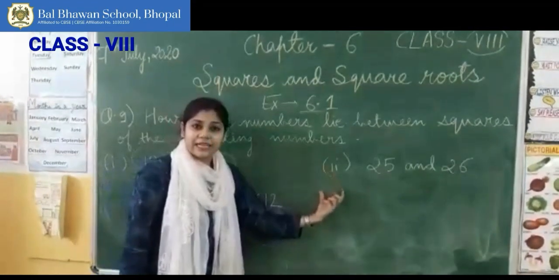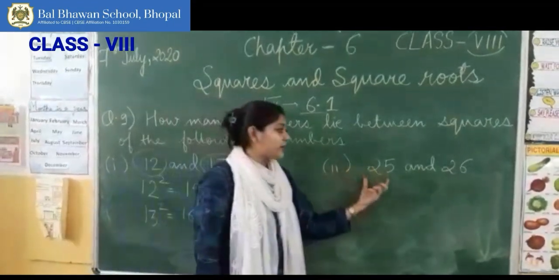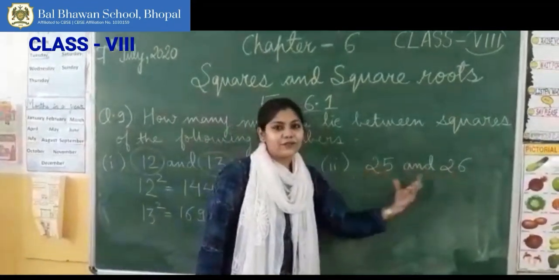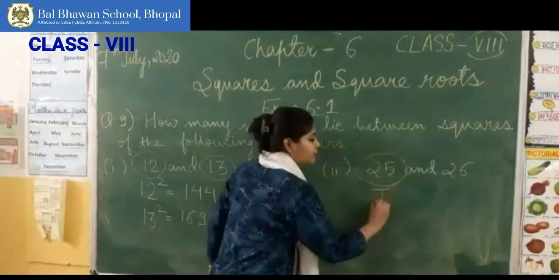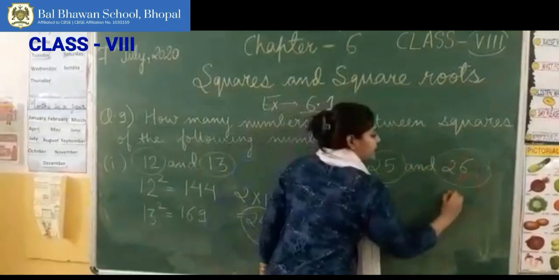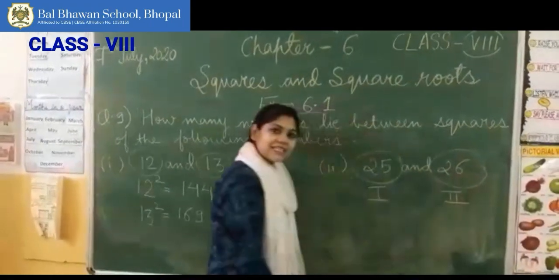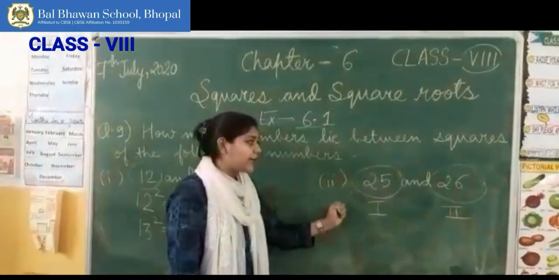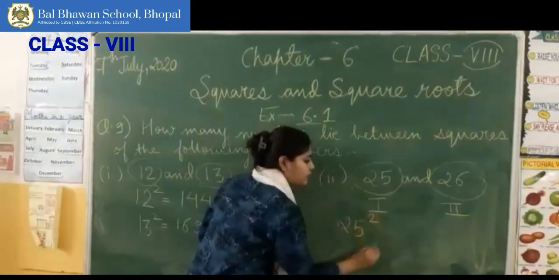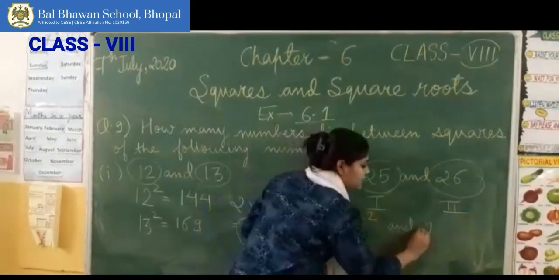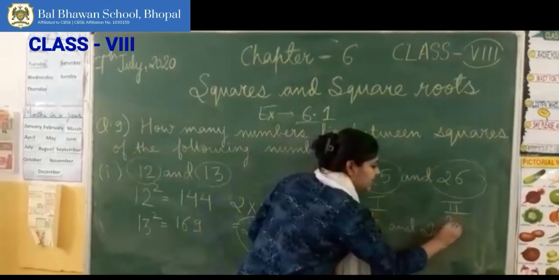Now come to the second part, children. We have 25 and 26. Again we see that they are consecutive. Assume 25 to be the first number. Assume 26 to be the second number. Okay, I need to find how many numbers are going to lie between square of 25 and square of 26.